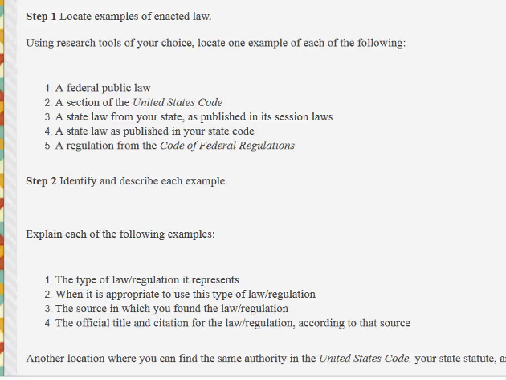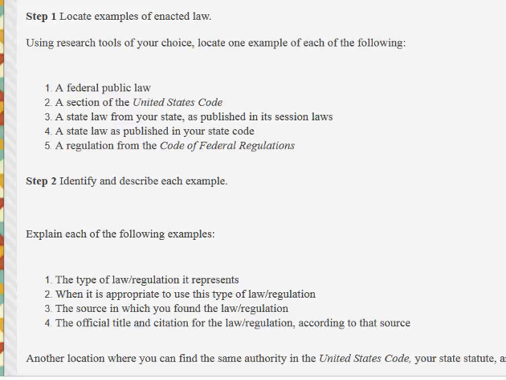For each of those 5 examples, you're going to go to step 2 and answer 1 through 4, which means you're going to have 20 responses. First, you're going to have 5 responses to step 1. Did I do the math right? And for each of those 5 responses, you're going to have 4 additional questions to identify and describe.